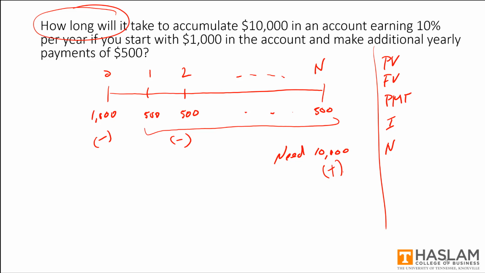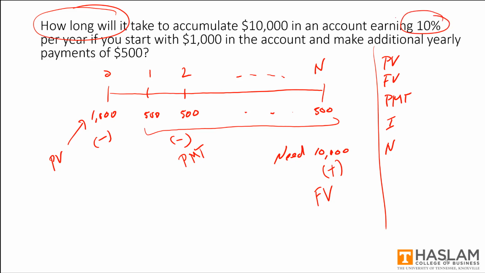Okay. Now, the $1,000 happens at time 0, so that's PV. The $500 payments represent an annuity, so those are going to be PMT. $10,000 happens at time N, so that's going to be FV.